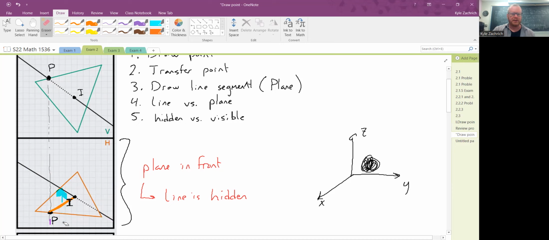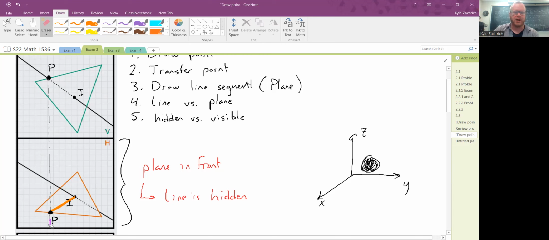If we know the plane's in front of the line, right? So you kind of picture, here's your plane, here's the line behind it, right? So that means the line is going to be hidden on that part. So what we can see up top here is that between P and I, the line is hidden. If we saw that the line was in front down here, right?